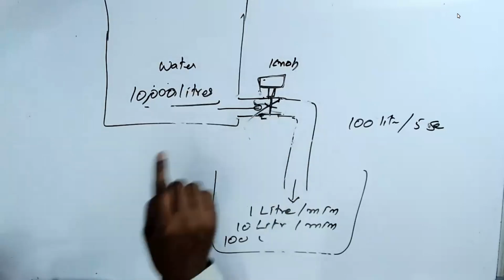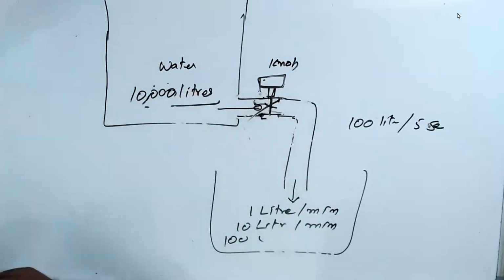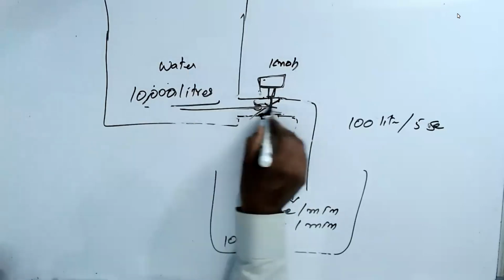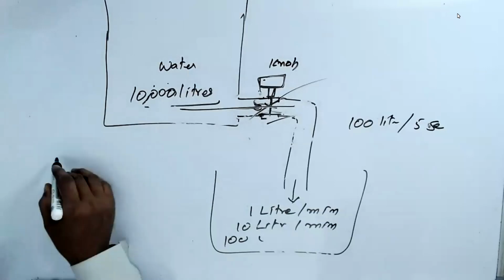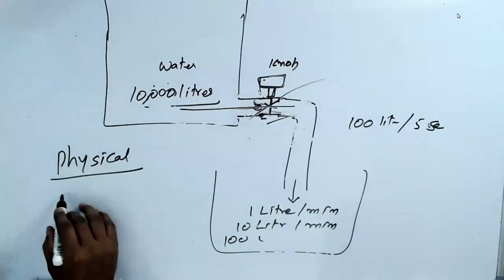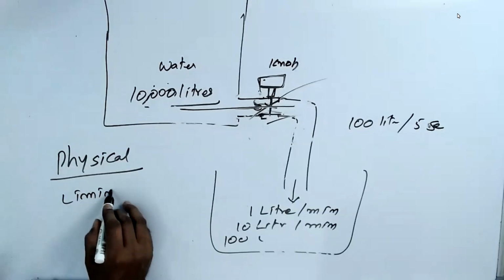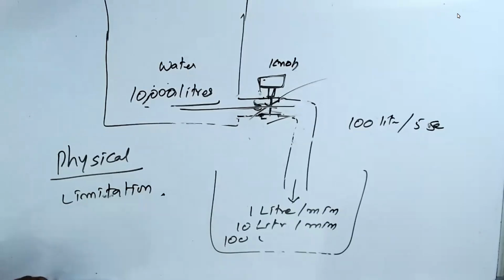Likewise, if the pipe is small with 1,000 liters, the pipe will be broken. So please understand, every physical component has a limitation. That is going to play a big role for us, and it is very, very important for our electronics.